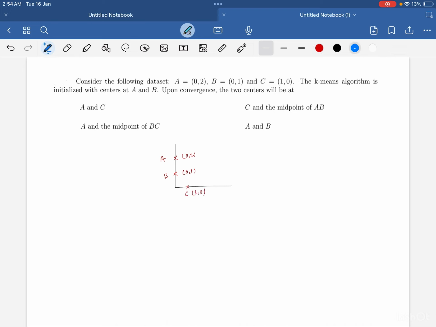The first centroid mu 1 is at A, and mu 2 is at B.